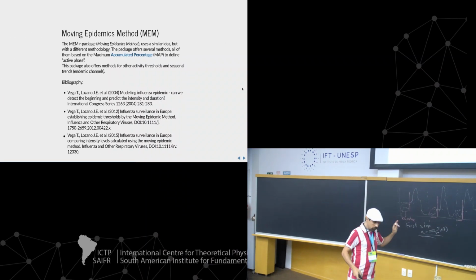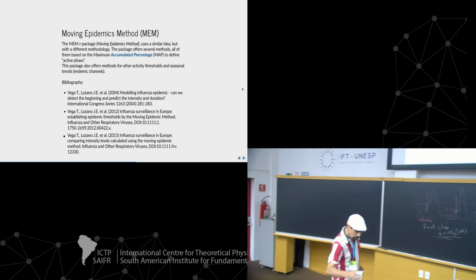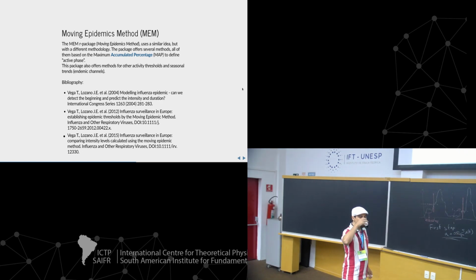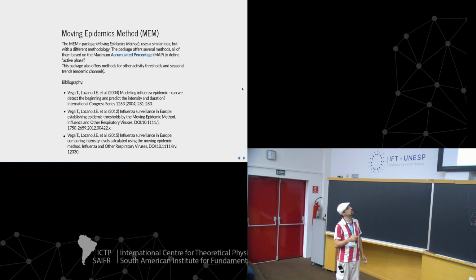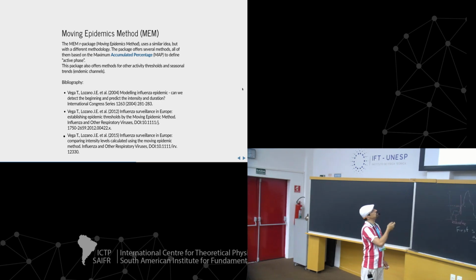Now, there's another method that is being widely used and used by the European CDC. The US CDC is also using some aspects of this method for some diseases as well, which is the moving epidemics method, or MEM.